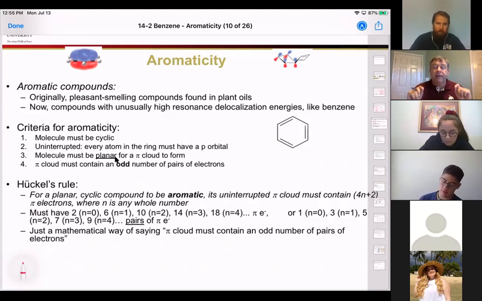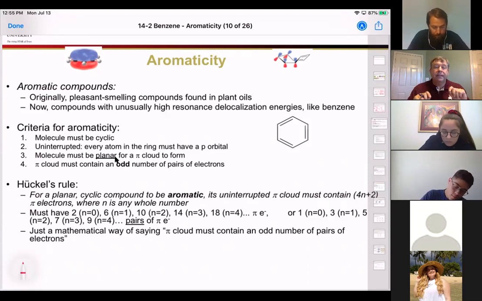There has to be an available p orbital on each and every atom in the ring. It can have an electron in it, it can be empty, or it can have 2 electrons in it, but it has to have a p orbital, okay? The molecule must be planar. The reason it has to be planar is those p orbitals have to line up together so that they can share equally all the electrons available to it.